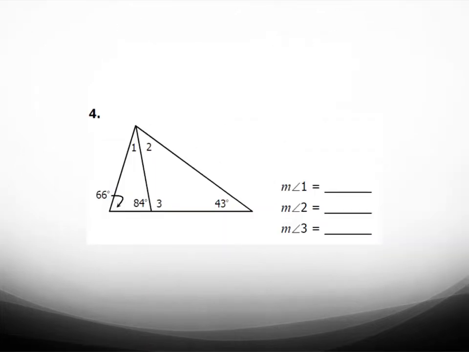So what we're going to do is we're going to take what we have learned, that the interior angles of a triangle add up to 180, and we're going to problem solve. When I take a look, I'm looking at the triangle over here, the triangle on the left. I'm given two angles, 66 and 84, and I should be able to find angle 1.